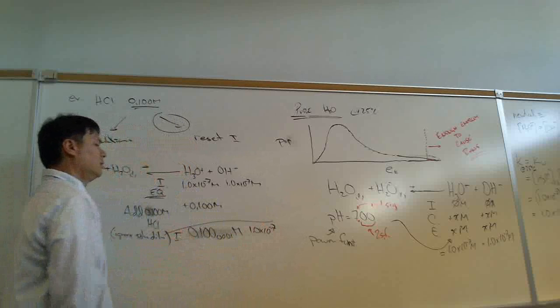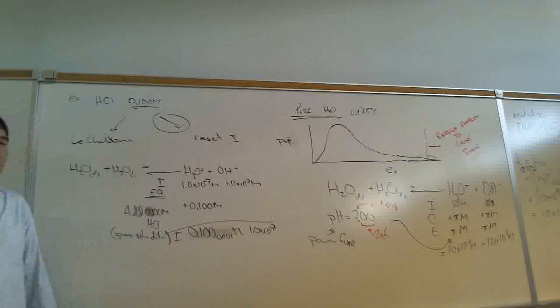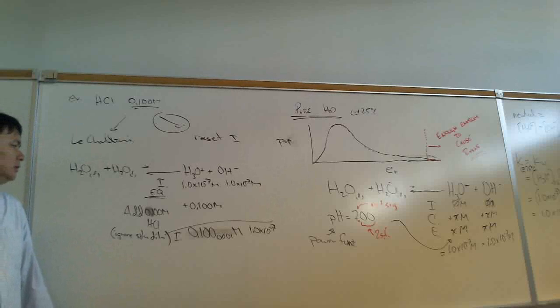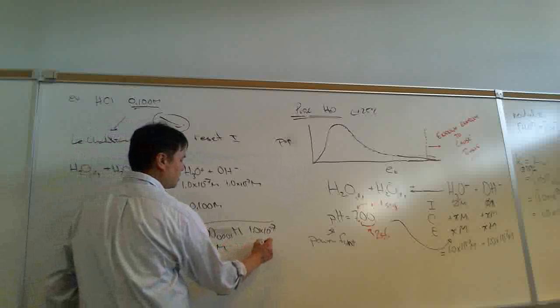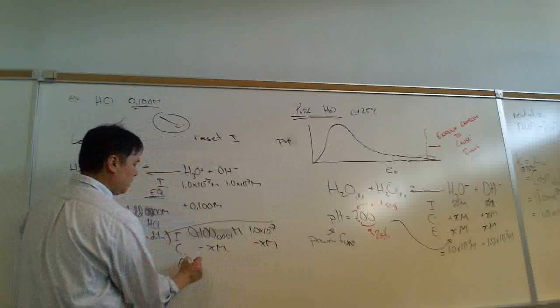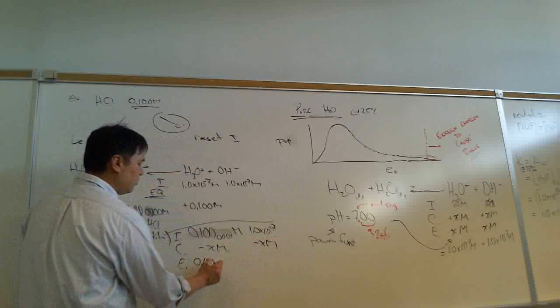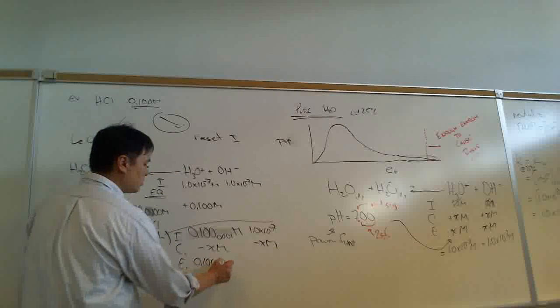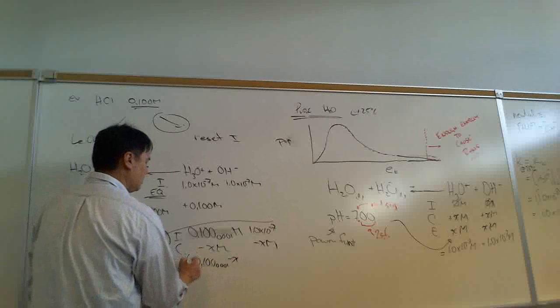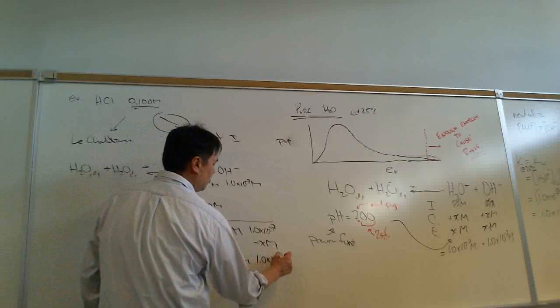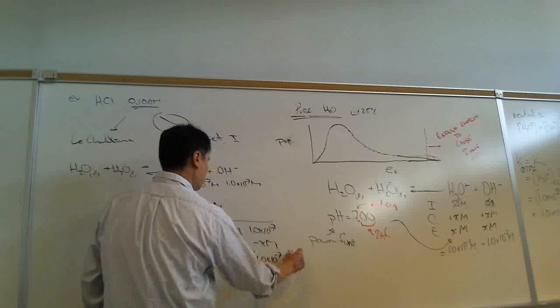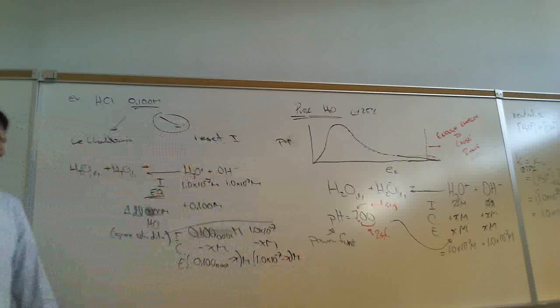Now this is my new initial. I have too much product, it's got to shift to the left. So the change is minus x molar, minus x molar. And so at equilibrium, I'm going to reestablish a new equilibrium: 0.100 sub 0001 minus x molar, and 1.0 times 10 to the minus 7 minus x. And then solve for x.